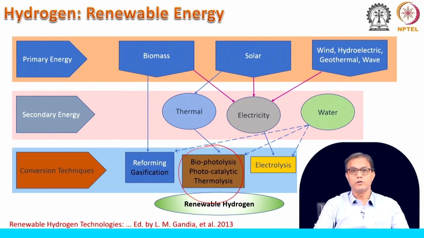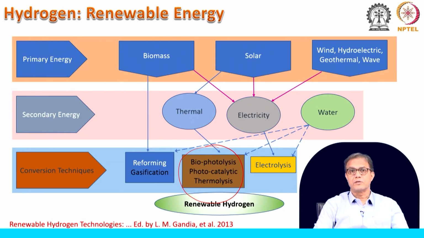If hydrogen is to be used as a future fuel, we must look into the development and maturing of these techniques, where the primary energy will come from biomass, solar, wind or hydroelectricity.